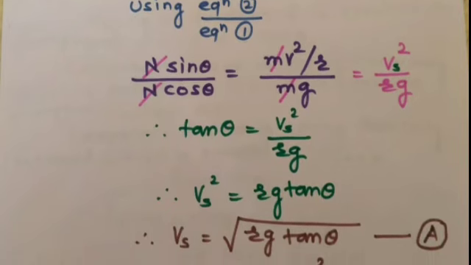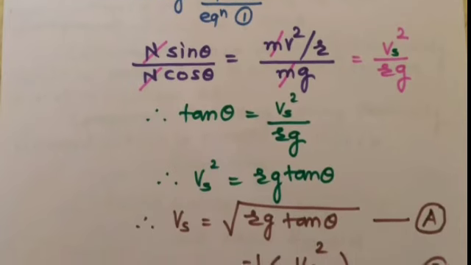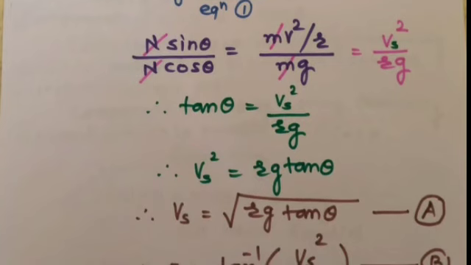Therefore, v_s square is equal to Rg tan theta. And therefore, we take the square root on both sides.